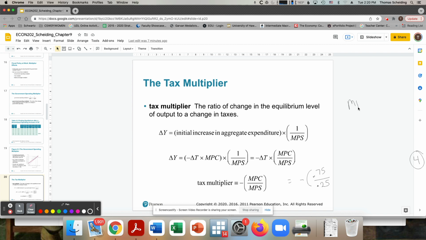MPS and MPC always have to equal 1. So that's how I got the 0.25 here. And so what this is going to tell us is how much the equilibrium level changes overall. So in this case, it's 3 out, and the 4 is just carrying over from before.